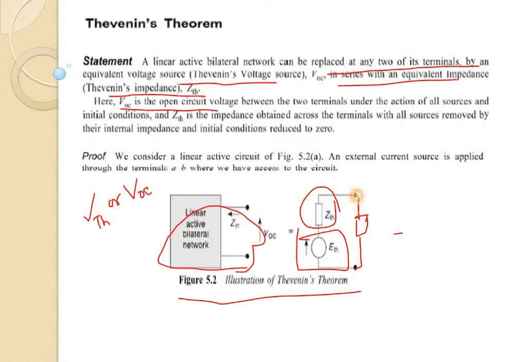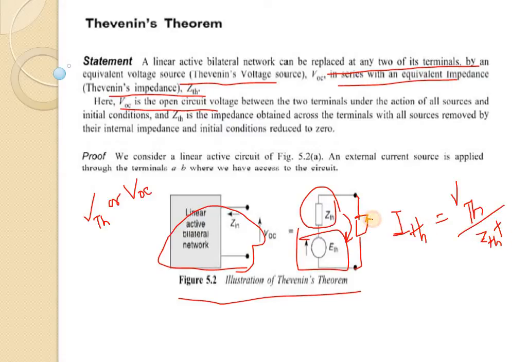If we want to calculate the current, this is ITH, and the value of the current will be VTH or ETH divided by ZTH plus the load present here.